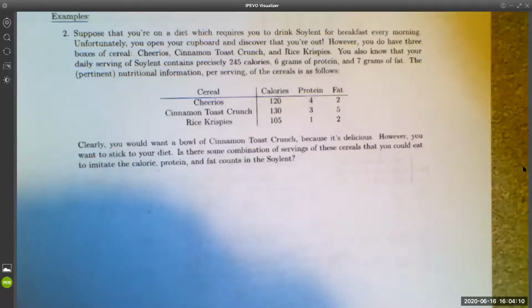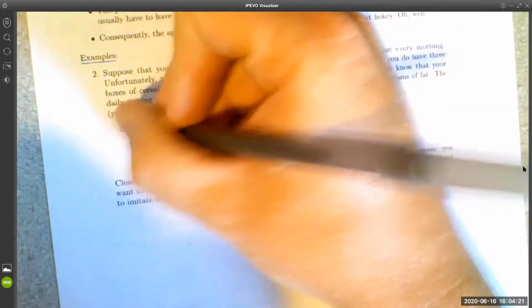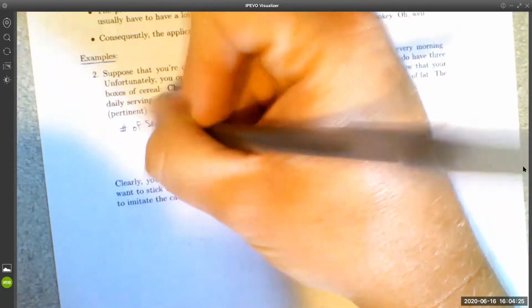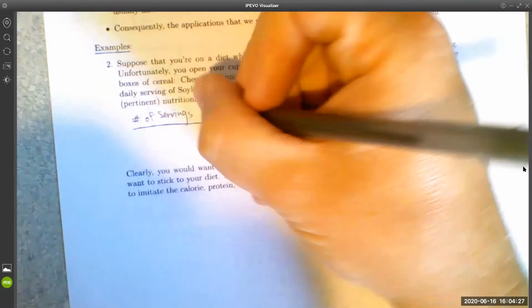Anyway, let's see if we can figure this out. What I'm going to do is make another column for the number of servings. This is the number of servings that I'm going to eat of each of these kinds of cereals.